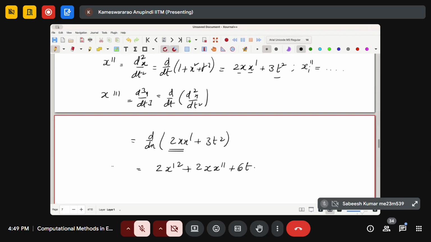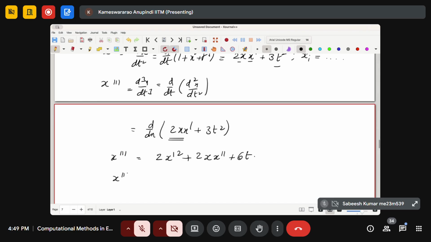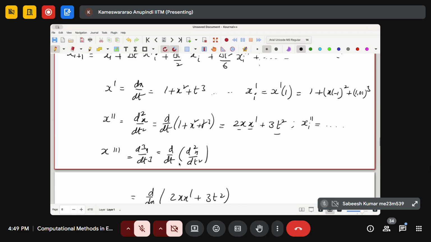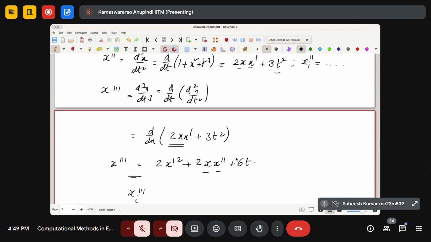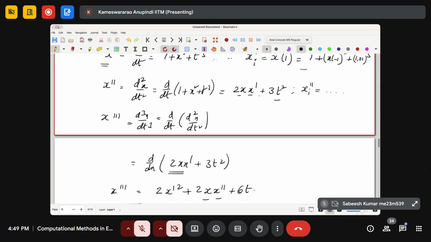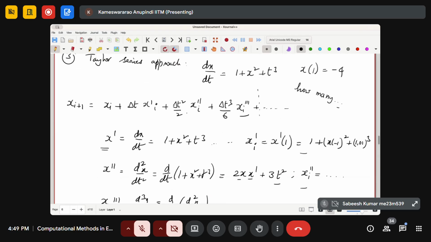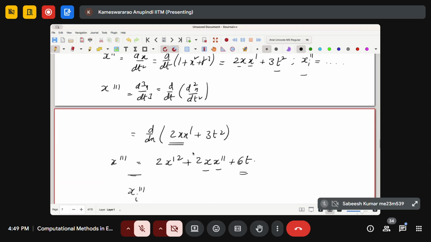So that is x triple prime, and then x triple prime can be evaluated at i. That is nothing but 2 times x prime square. You need to put the x prime value you got here, square of that. I'm not writing this out, so you can evaluate x triple prime at i. And then similarly x of 1 and x double prime of 1, which you would get here, and then t is going to be 1. So you can plug in all those values. Once you have all these values calculated from what we discussed, go ahead.